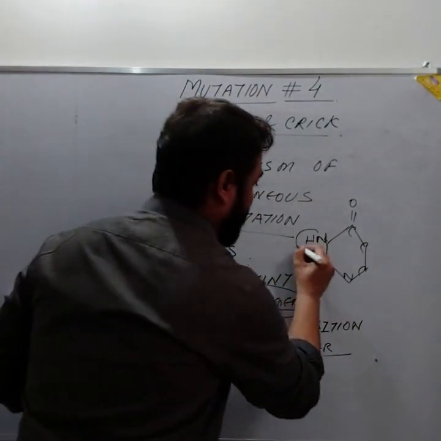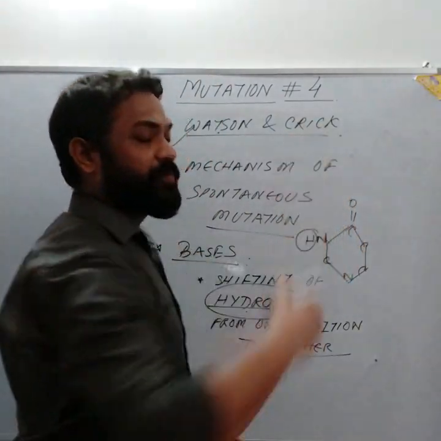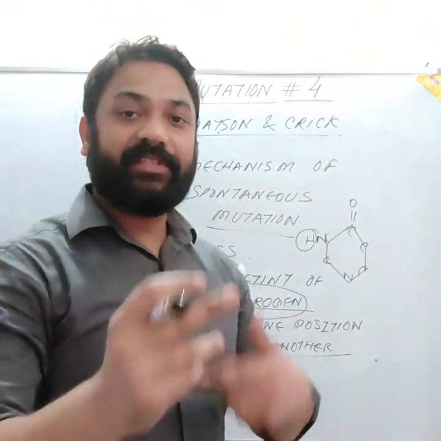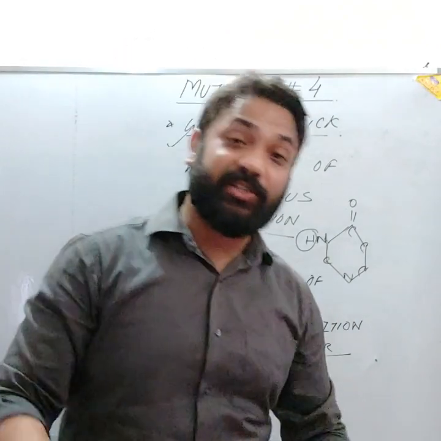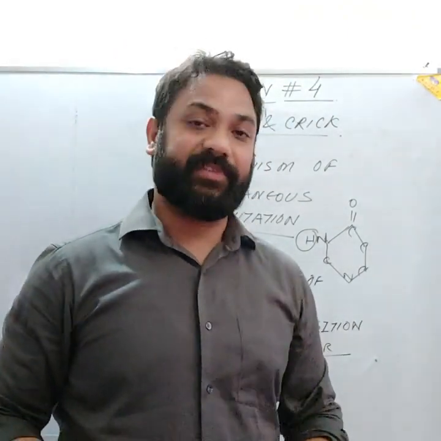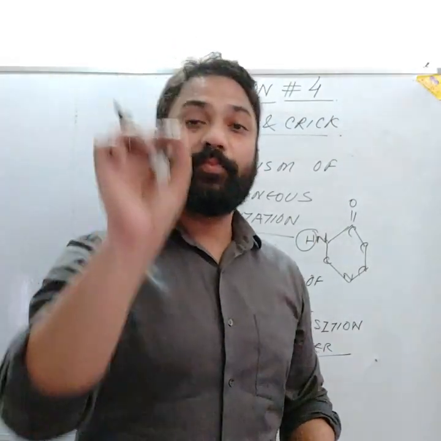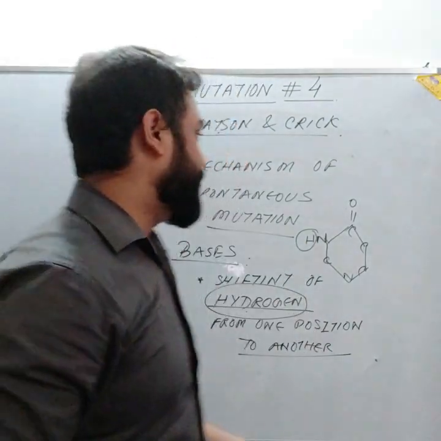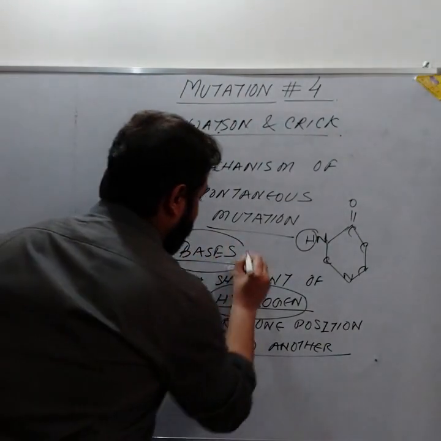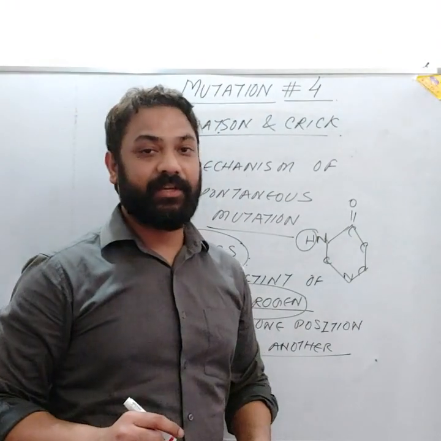If this is the hydrogen, it shifts from one position to another position. Now this fluctuation of chemical changes is what we call a tautomeric shift, during the process of tautomerism. So this is the point that they pointed out, and that's why we have studied the structure of nitrogenous bases.